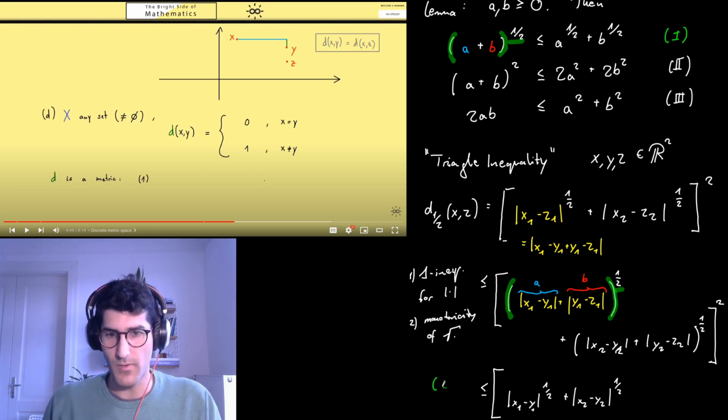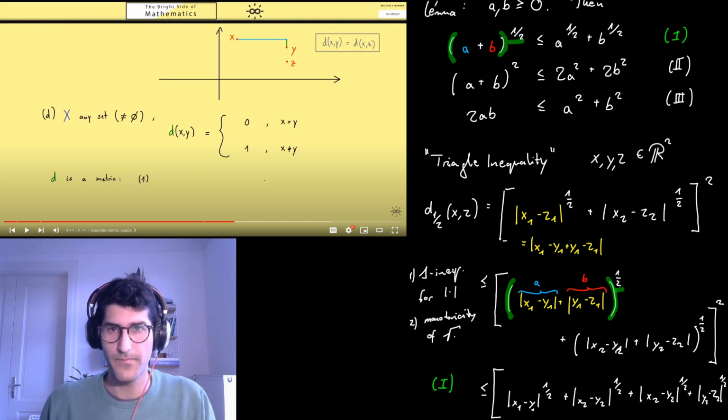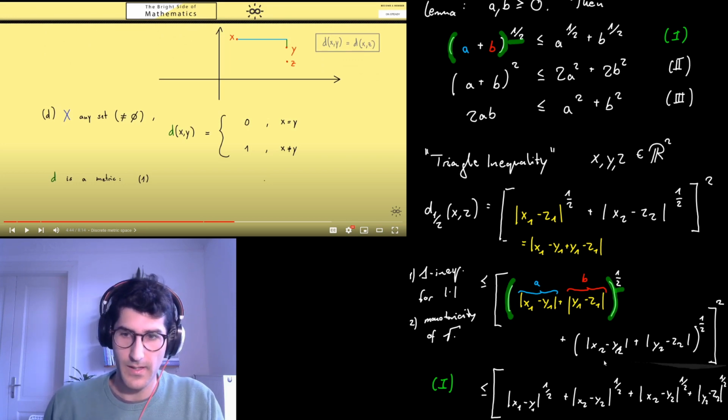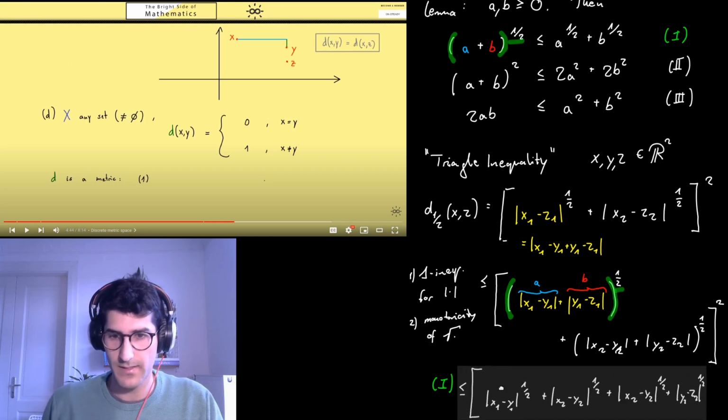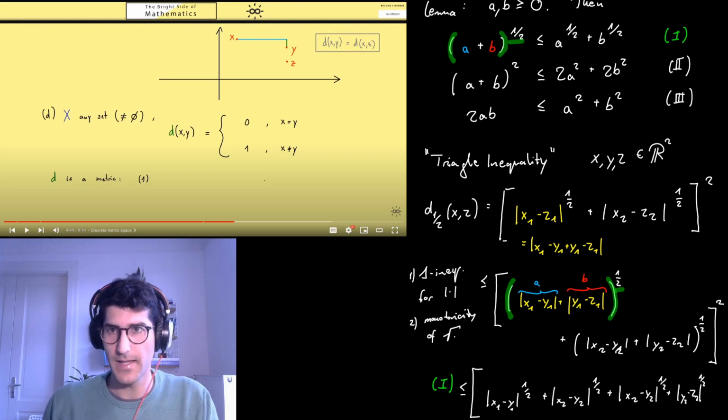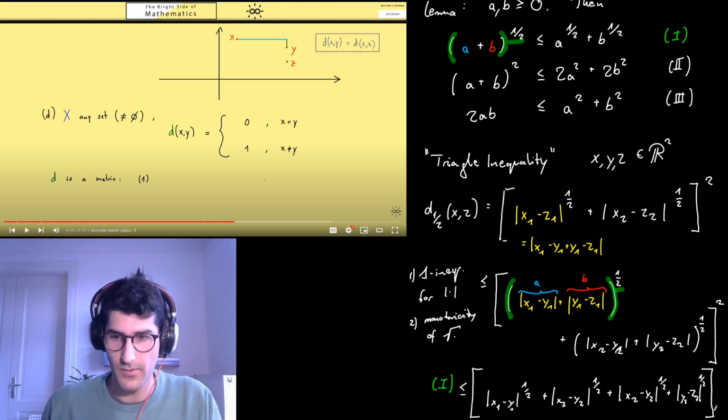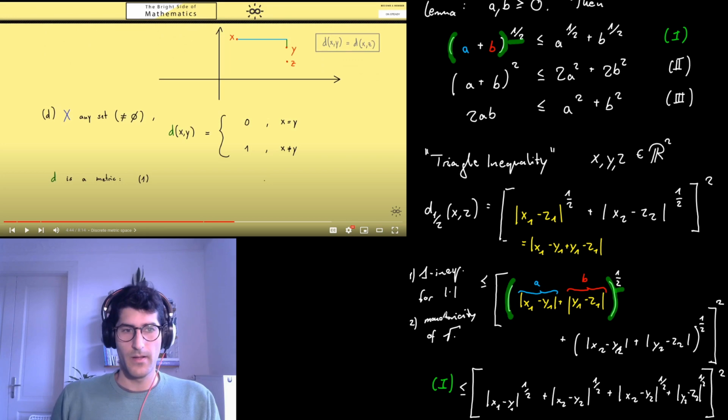So this is by 1. And I do this, of course, also for the second part. So this is also smaller than x2 minus y2 to the 1/2 plus y2 minus z2 to the 1/2. And of course, I do not want to forget about this large bracket in the end. So I also close this bracket here.